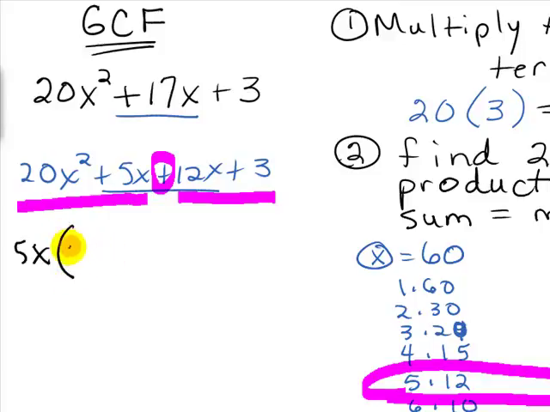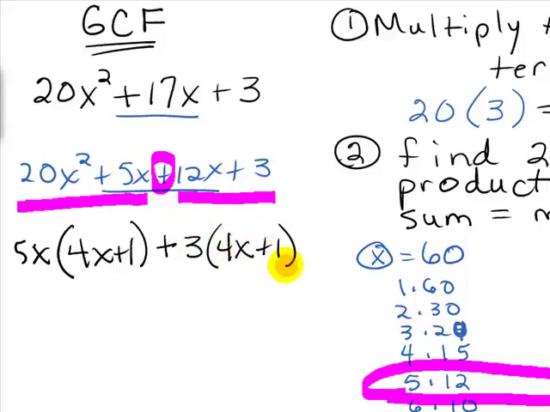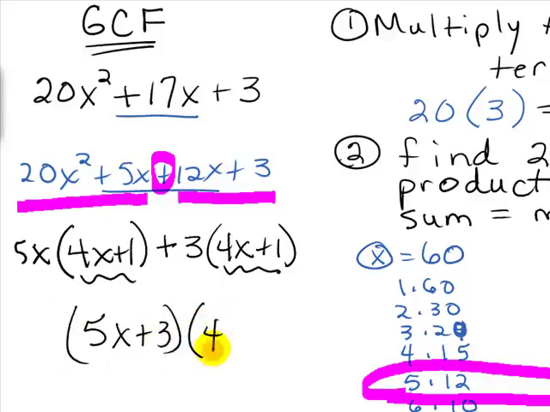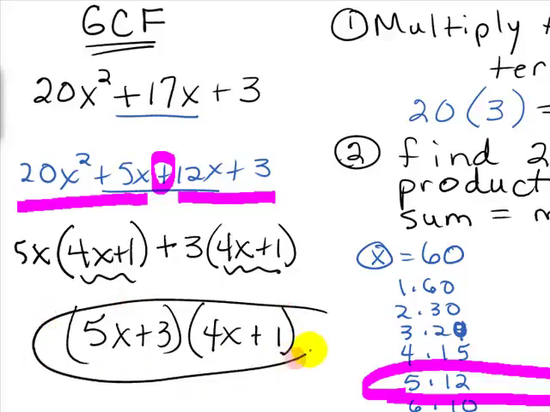And then what's left is 4x plus 1. Bring down your plus. Look for a GCF. 3, 4x plus 1. Remember that these must match for this process to work. Then write your answer. 5x plus 3 times 4x plus 1. And this is our answer.